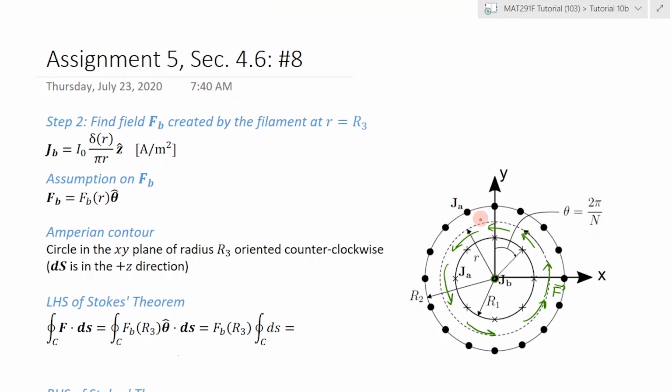Since we're using superposition and solving this separately, you could also choose the clockwise direction, just as an exercise. But I will not do that. I'll just make it the same. Okay, so this is our contour. ds is in this direction.